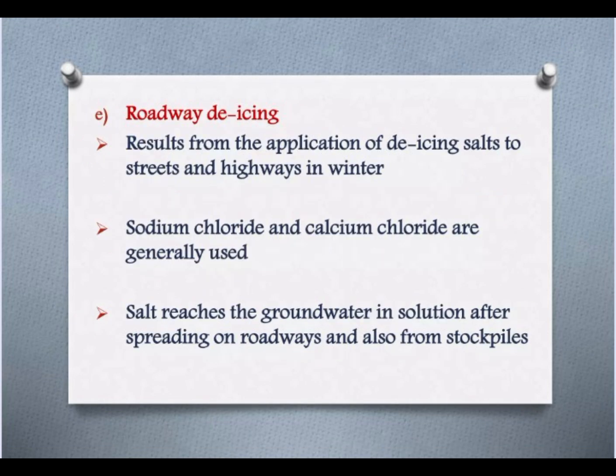Next is roadway de-icing. It results from the application of de-icing salt to streets and highways in winter. Salt reaches the groundwater in solution after spreading on roadways and also from stockpiles.